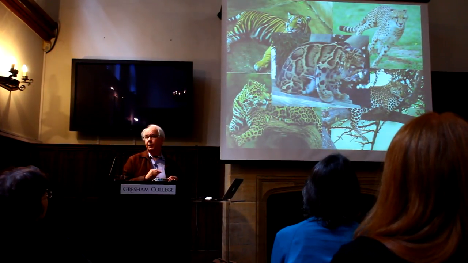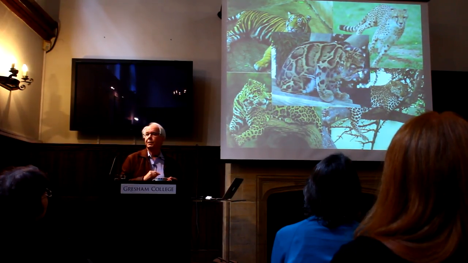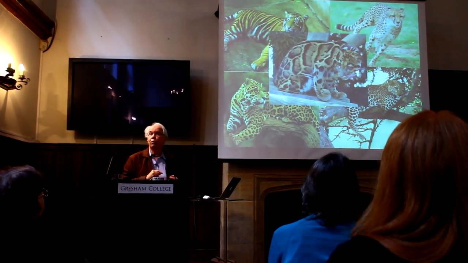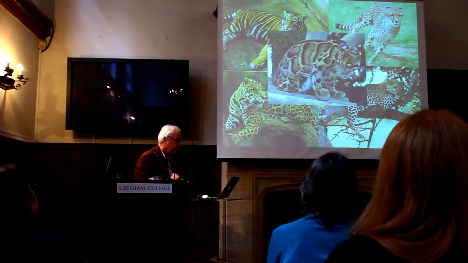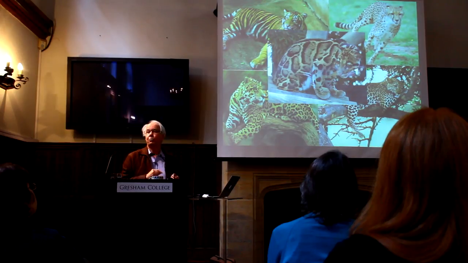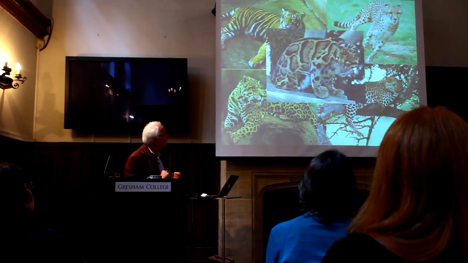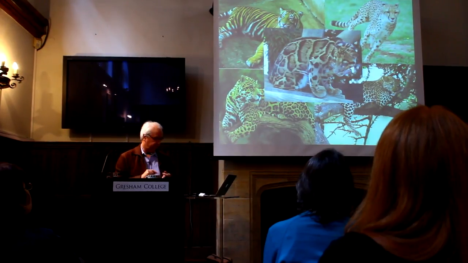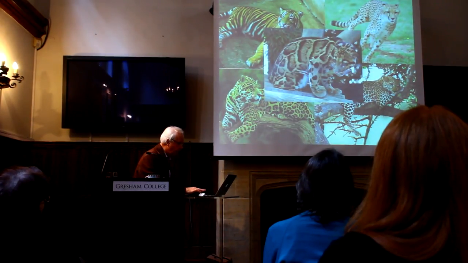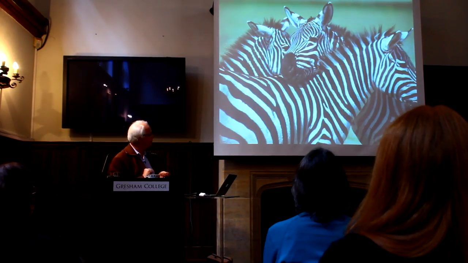And this is a clouded leopard. Such a beautiful pattern that it is an endangered species, much more endangered than most of them, just because some people think this is such a pretty pattern in the fur that they want basically to make something out of it and wear it. And of course, tigers are not the only stripy animals around.